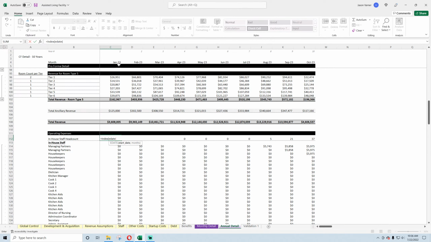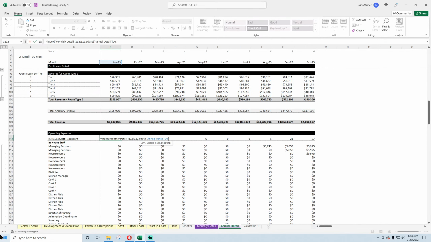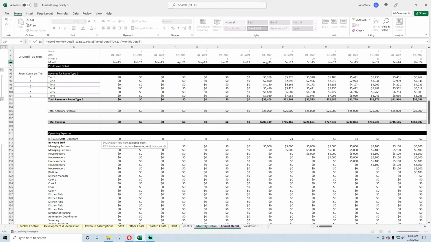Staff count, we'll just do an INDEX formula, picking the last day of the year or last month of the year. Whoops. Index here. Row 4.